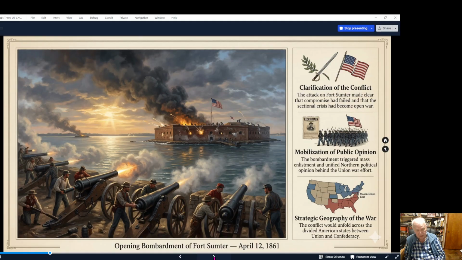And the North has a very, very large newspaper publication industry. And so the people are very attuned to what's going on. And the press publicizes exactly what's going on. And there's an incredible mobilization. And as happened after Pearl Harbor, there's a tremendous boom of enlistment with people rushing forward to enlist and join the Union forces.